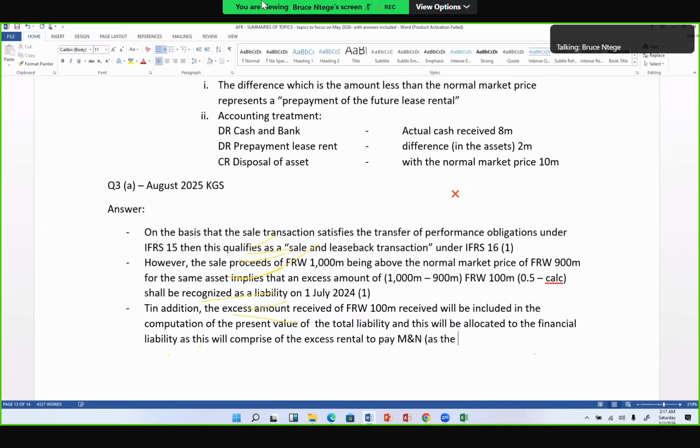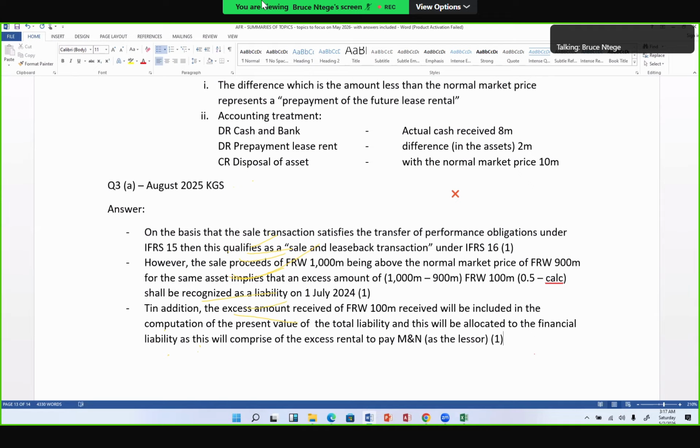When we start paying that lessor, the rent we pay is going to be bigger than the normal rent. So that's excess rent to pay because he gave you an extra 100, and you need to pay it back to him. So the examiner will give another tick, because you are bringing out the substance over the legal form of this arrangement.